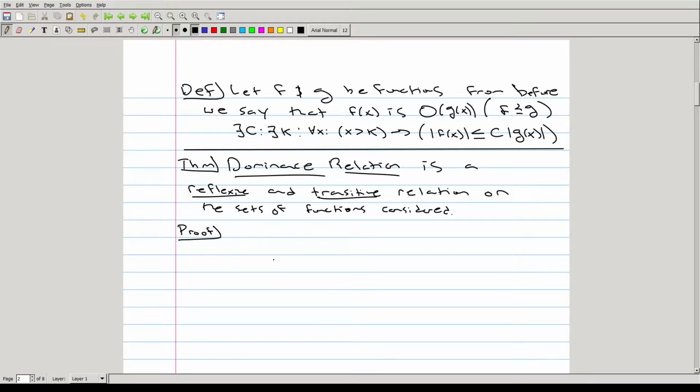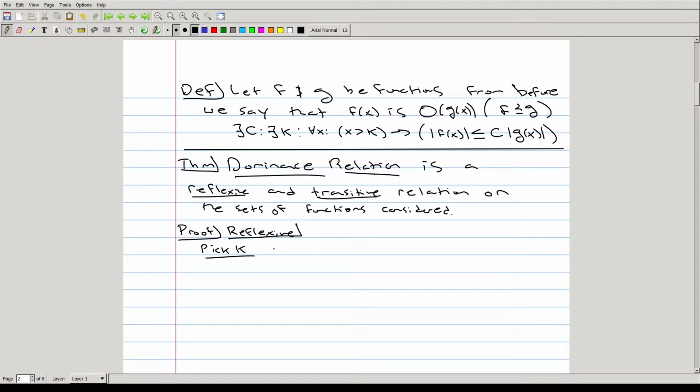By now we know very well the properties of reflexivity, transitivity, and symmetry. We only have transitive and reflexive for the dominance relation, but the idea is that you can actually pick any k to show reflexivity in the domain of definition of the function.